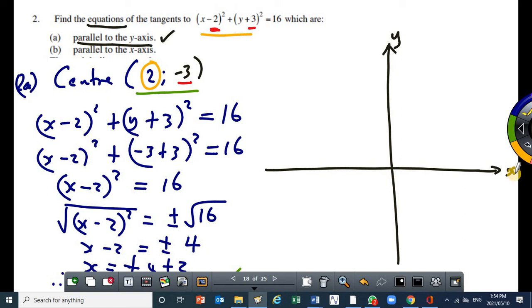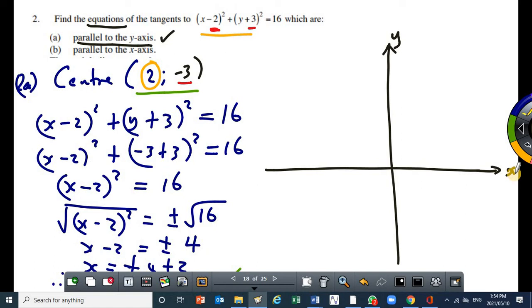Remember, if two lines are parallel, their gradients are what? Equal. You were taught that in grade 9 and grade 10. So, I don't understand why someone would behave like they've never heard about it. You have.